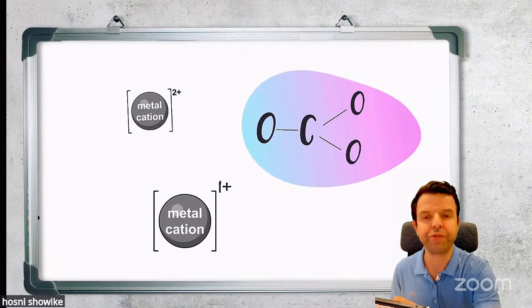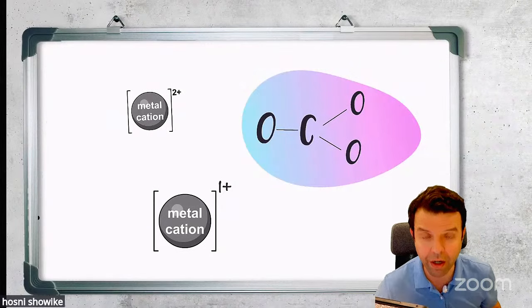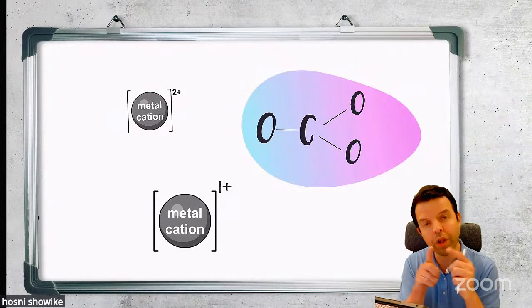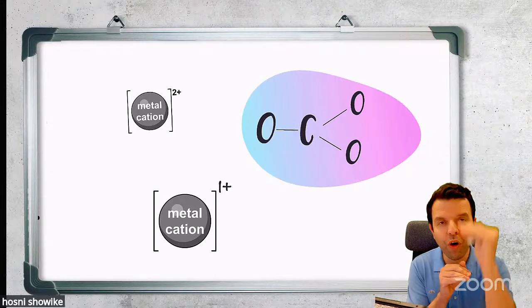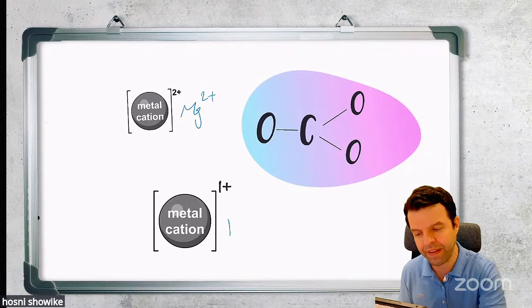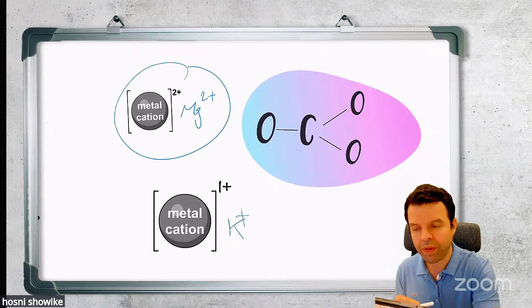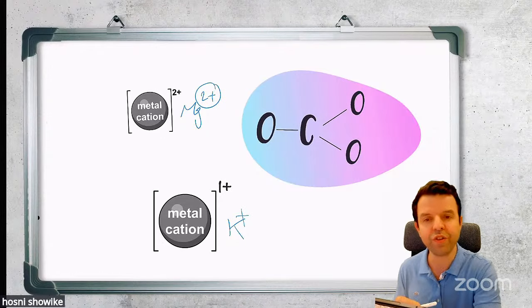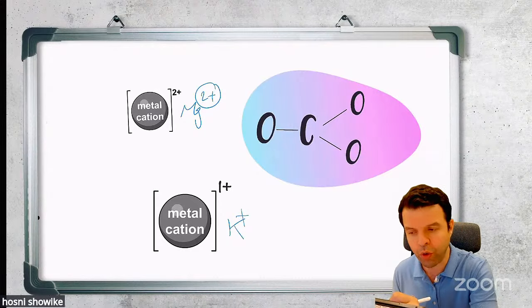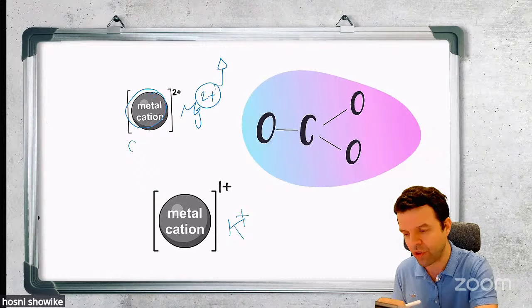When you have a cation next to a polyatomic ion, the smaller the cation, the more highly charged. Think, for instance, of magnesium versus barium, or magnesium versus potassium, if you like. The smaller the cation, the greater is the charge. In other words, when I have a great charge, small cation, we call this charge density.